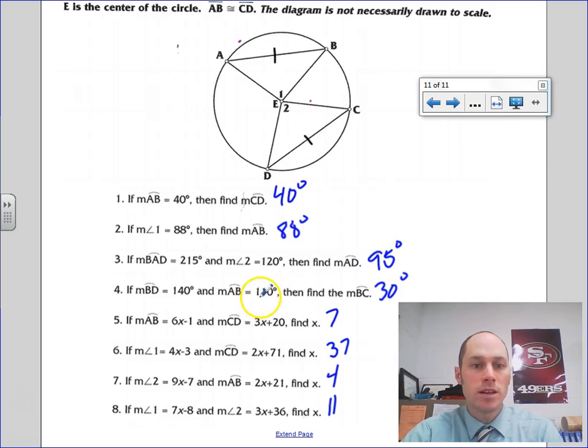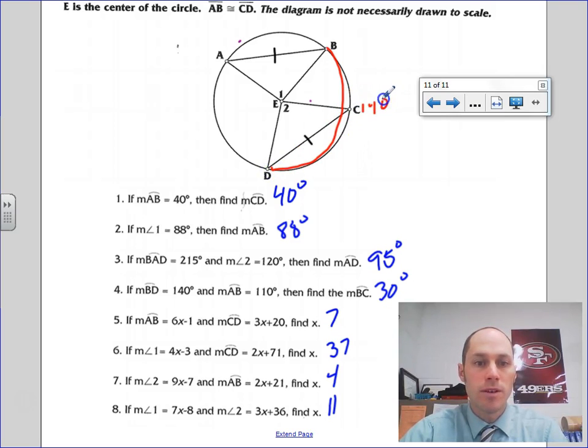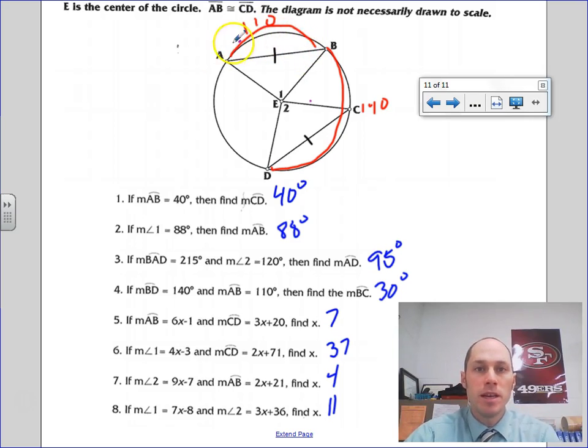The next one we're taking a look at, if BD is 140 and if AB is 110, what's BC? Well, if I know AB is 110, I know CD is also 110. So that leaves only 30 degrees for BC.